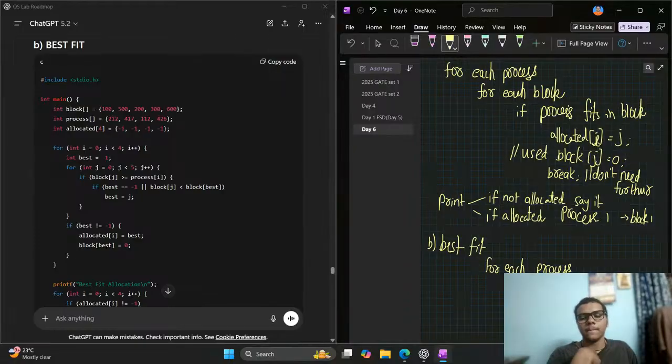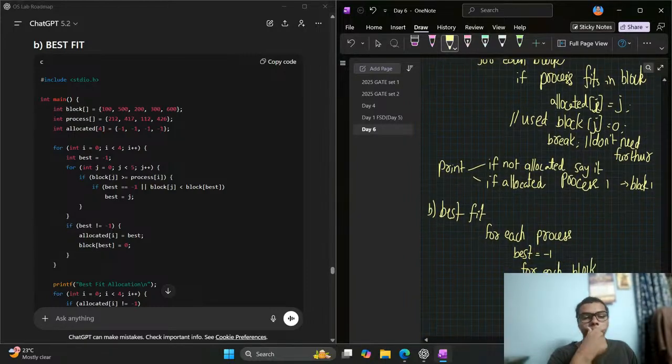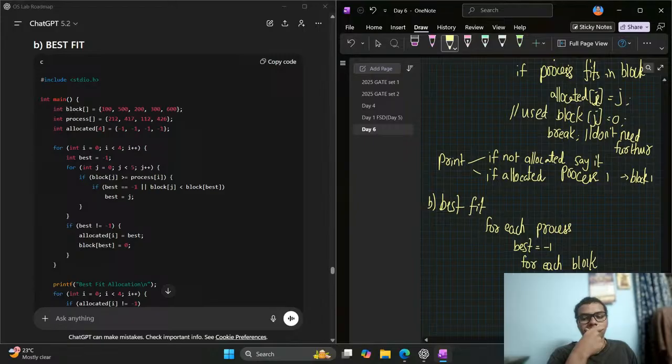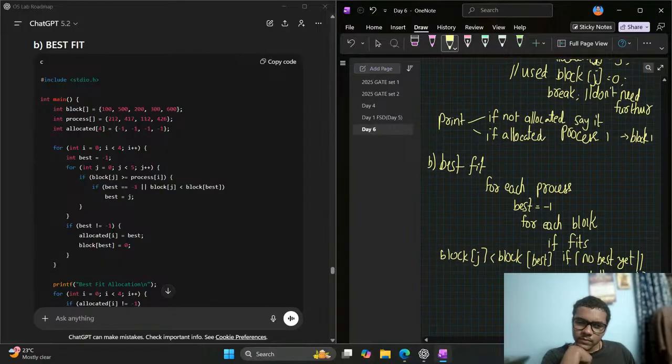For each block, if there is no best yet or a better best, so block of j is less than block of best, best is equal to j.